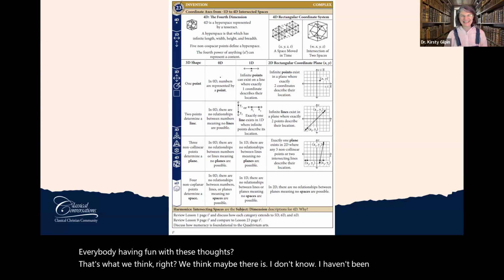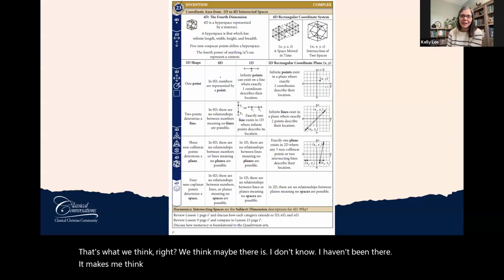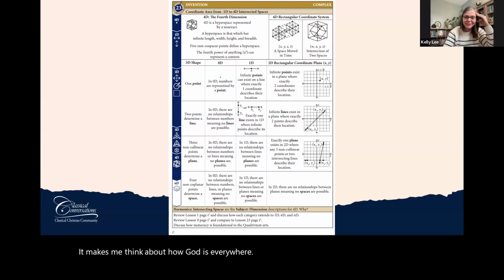It makes me think about how God is everywhere. And that's where your mind really starts to blow, because thinking about these other dimensions and how God is everywhere, it's a lot.